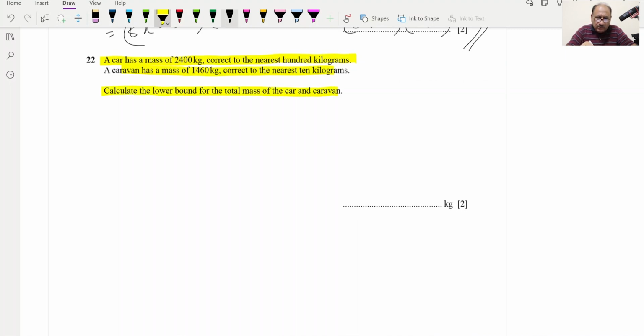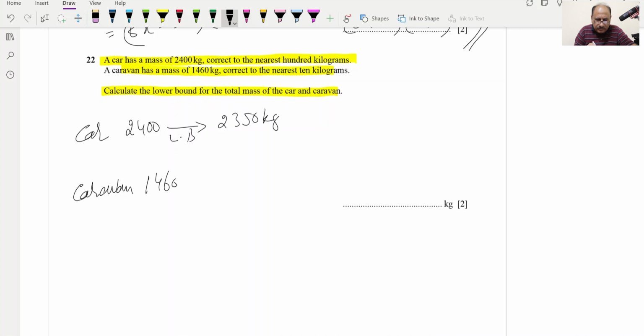For the lower bound of the mass we'll be checking the lower bounds of the masses, and in case of the car it is 2400, and the lower bound of mass will be 2350 kilograms, and in case of the caravan this will be 1460, and the lower bound of this one will be, this is correct to the nearest 10 kilograms, so it will be 1455, and this is also kilograms.